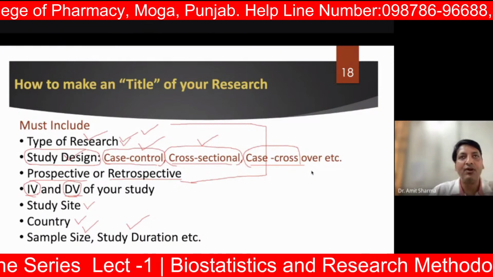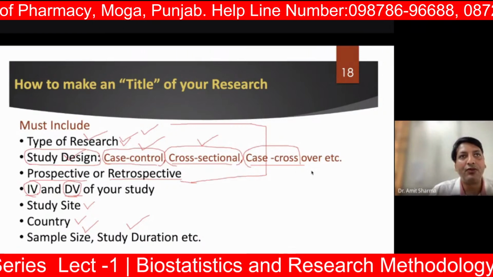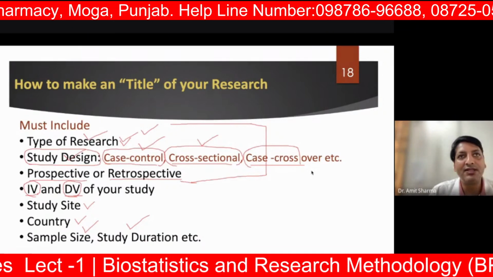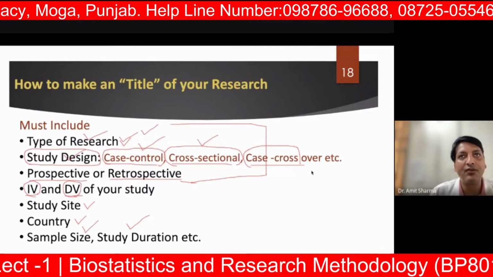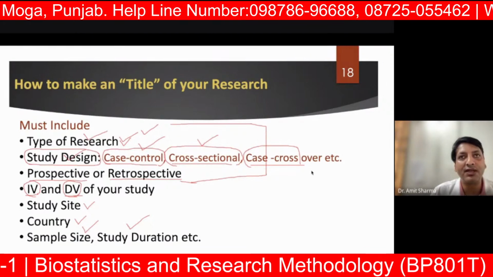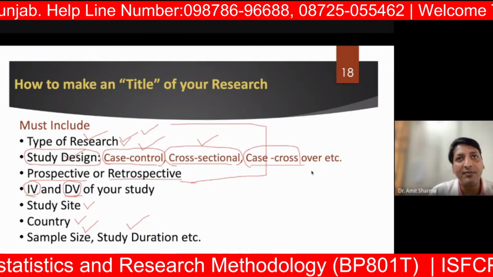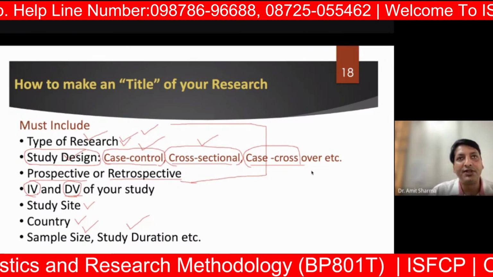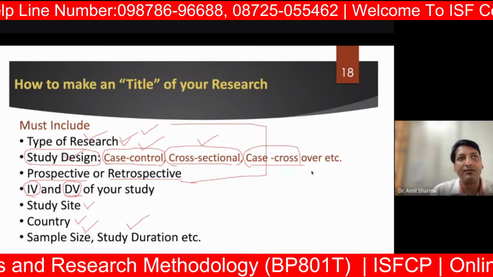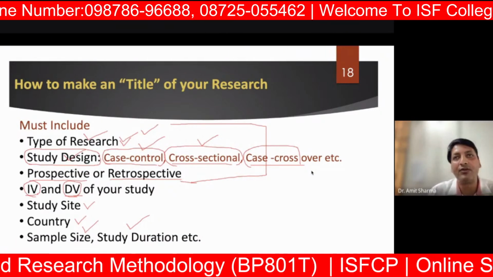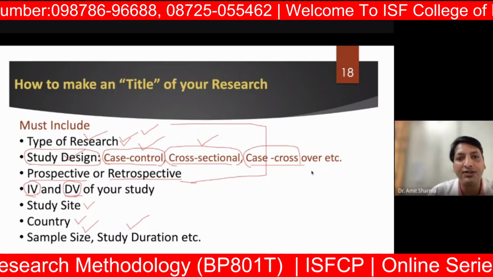You will be happier only when someone else cites your work, and only then will you get recognized. Otherwise your paper will be somewhere in the database of some journal's drives, and you are not going to get any recognition for that.